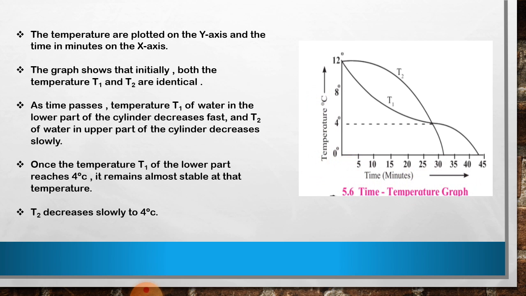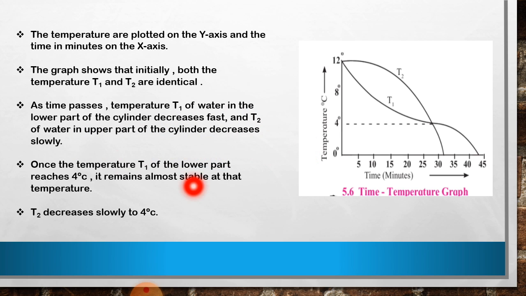The graph shows that initially both the temperatures T1 and T2 are identical to each other, but as time passes, the temperature T1 of water in the lower part of the cylinder decreases fast, and T2 of water in the upper part of the cylinder decreases slowly.